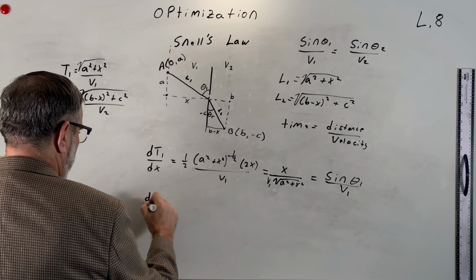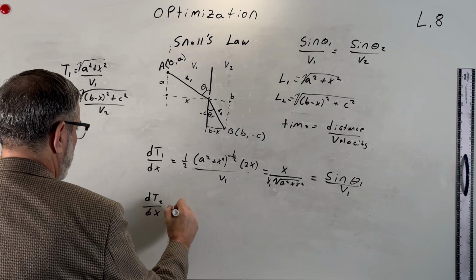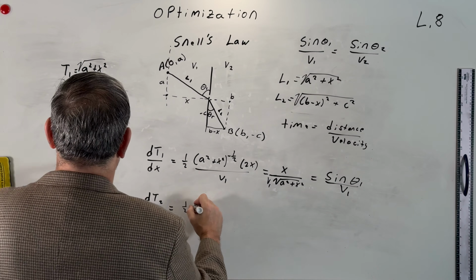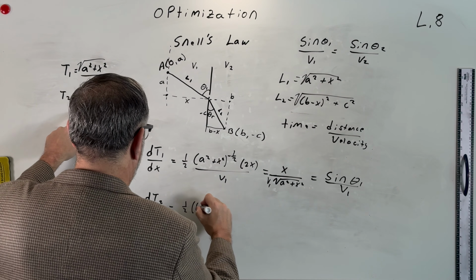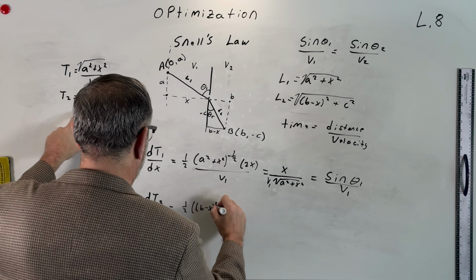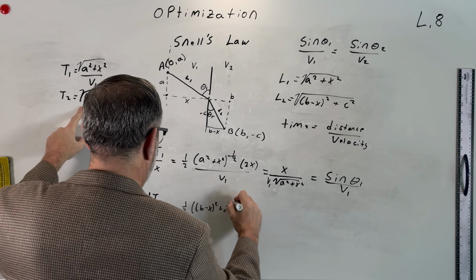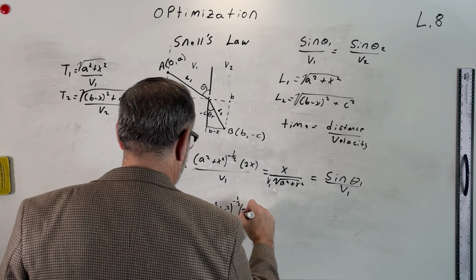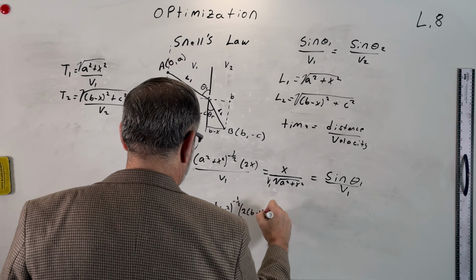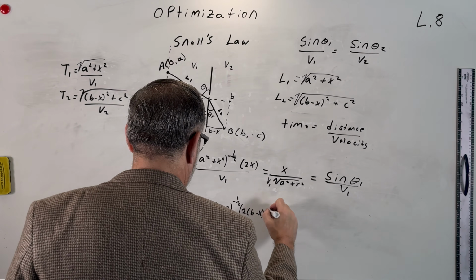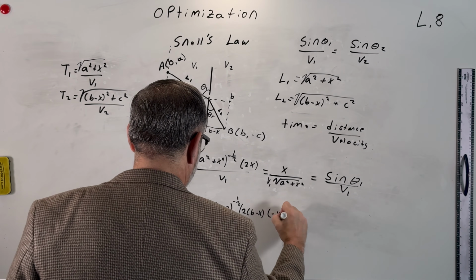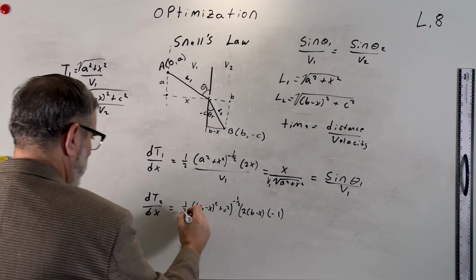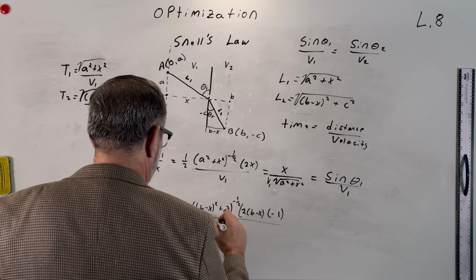Doing the same thing for dT2/dx, we get, again, a 1/2, b minus x squared plus c squared, so b to the minus 1/2. And the inside of this, we'll get a 2 times b minus x, and then the derivative of b minus x is minus 1, sorry, for the inside, all divided by v2.